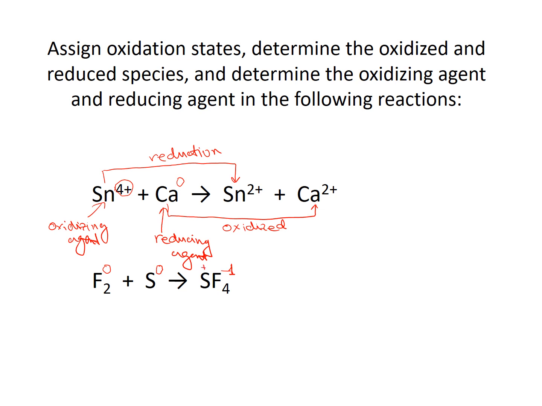And because there are 4 -1 oxidation numbers, sulfur has to be +4. Fluorine goes from 0 to -1. The oxidation number is reduced, so fluorine is reduced in this process.